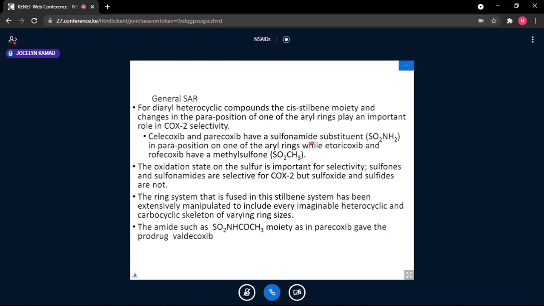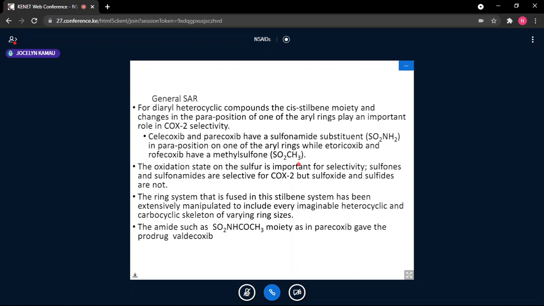Celecoxib and parecoxib have sulfonamide substituents. I have valdecoxib, celecoxib and parecoxib. They have an SO2NH2 group on one of the aryl rings, while etoricoxib and rofecoxib have the methyl sulfone.